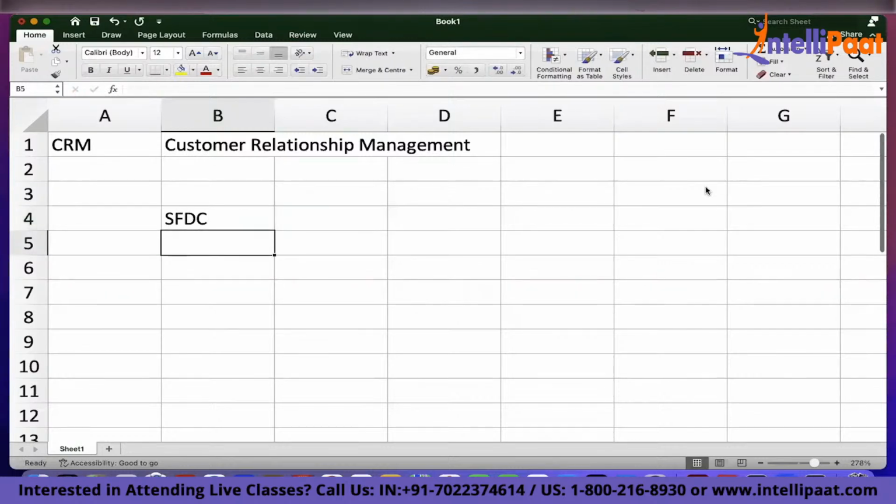Earlier it was known as Salesforce.com. It was the company which is completely a web-based application. And it remained a web-based application, like a web portal where you log in with the URL, and the URL is salesforce.com.